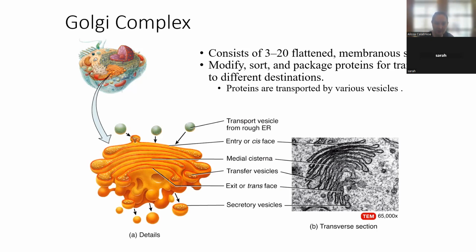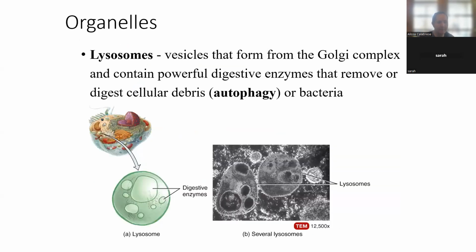So after a protein's been manufactured by a ribosome in the rough ER, it will then use a transport vesicle as like a cab that takes it over to the Golgi, and the Golgi will do the final touches. It'll finish up the folding of the protein, add whatever final touches it needs, and then it'll send it out in another vesicle to where it's going. So you can think of Golgi as like the FedEx of your protein system.